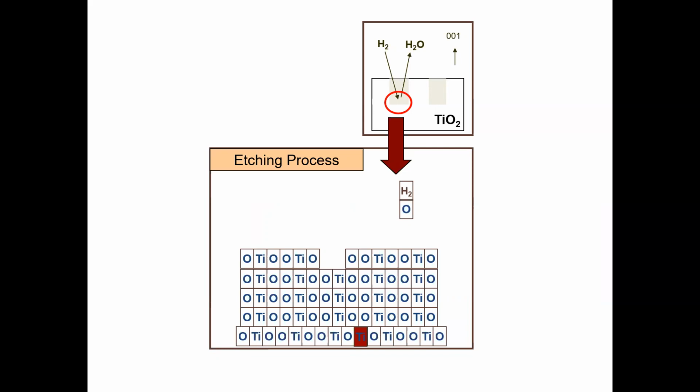Oxygen is being yanked by hydrogen, creating H2O, which goes into the vapor phase. Through various experiments, including weight loss and MSGC, mass spec and gas chromatography, we confirmed that titanium is not going to the gas phase. It's actually diffusing into the bulk.